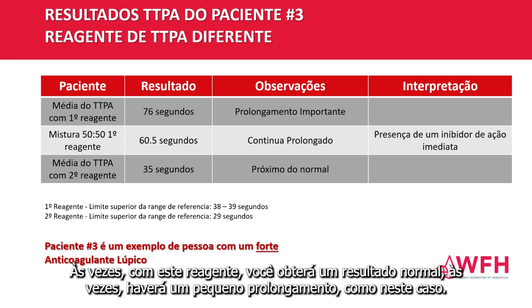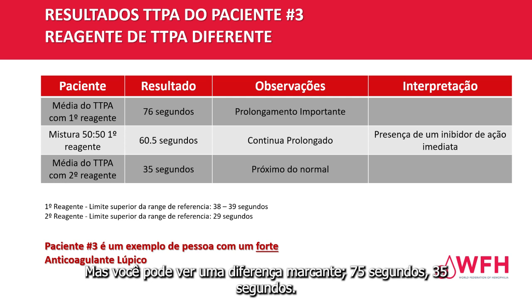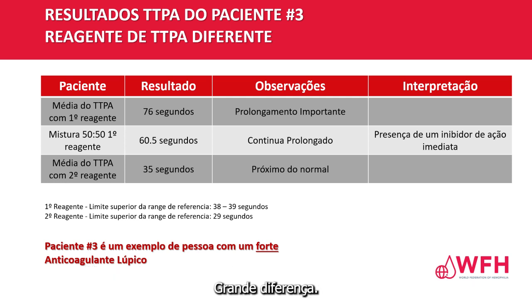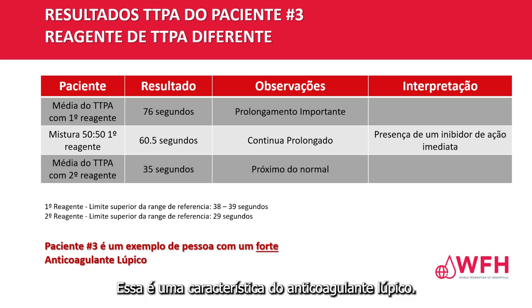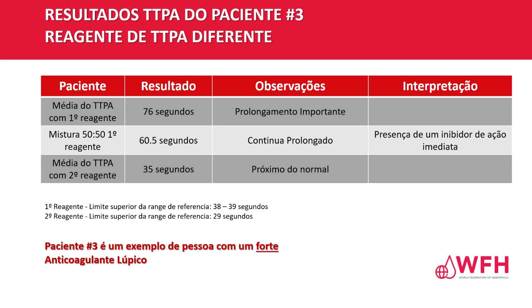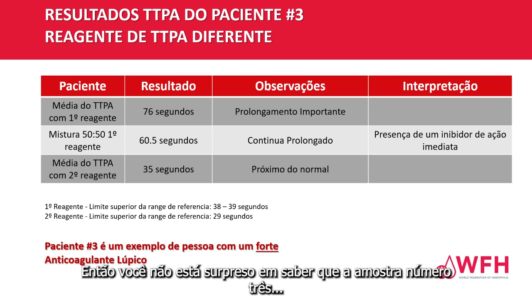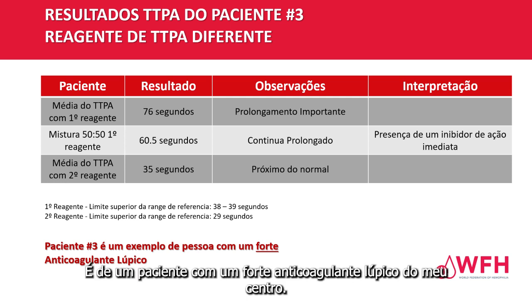Sometimes with this reagent you will get a normal result, sometimes there will be some mild prolongation as there is in this case, but you can see a marked difference. 75, 35, big difference. That's a feature of lupus anticoagulant. So you're not surprised to hear that sample number 3 is from a patient with quite a strong lupus anticoagulant from my centre.